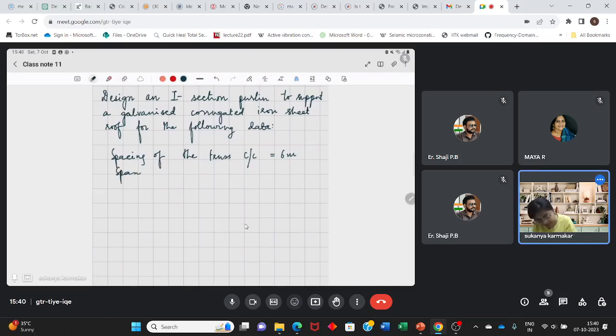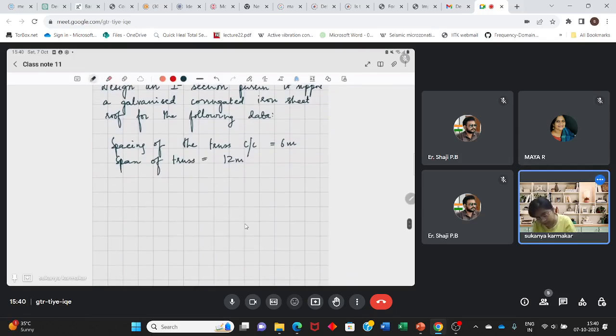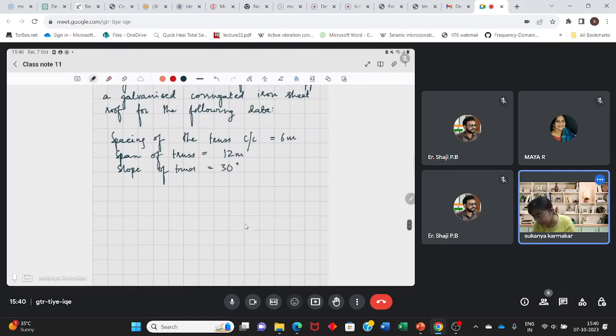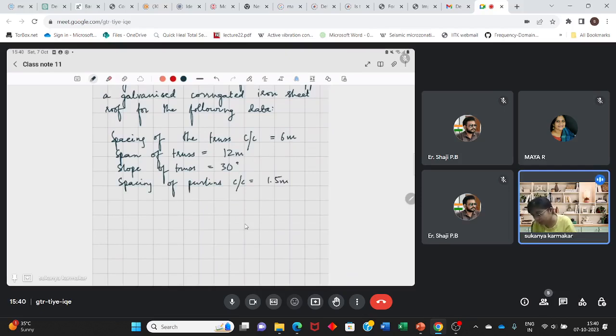Span of truss is 12 meters. Slope of truss is 30 degrees. Spacing of purlin center to center is 1.5 meter.